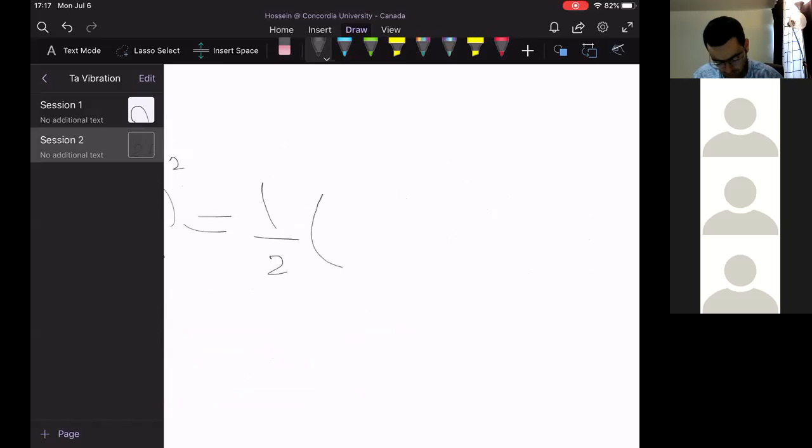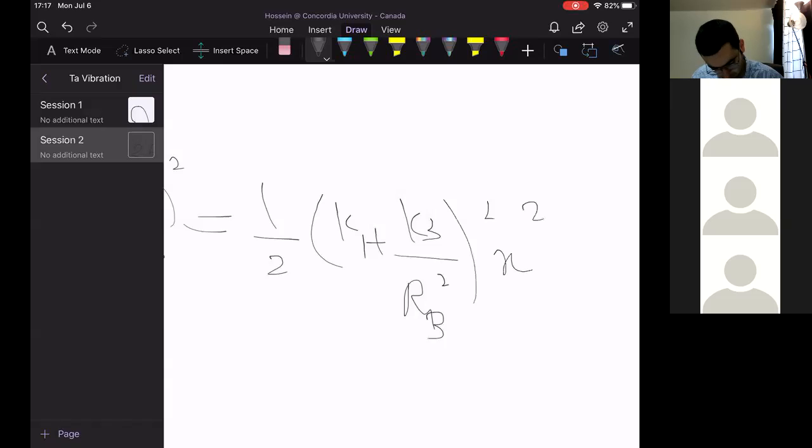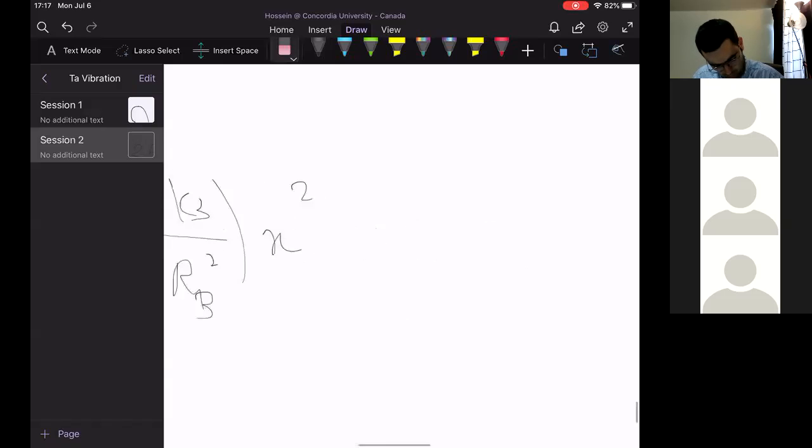You can factor out 1/2 from the two terms, then you will have k1 plus k3 over r3 squared, which is equal to 1/2 K equivalent or K effective x squared.